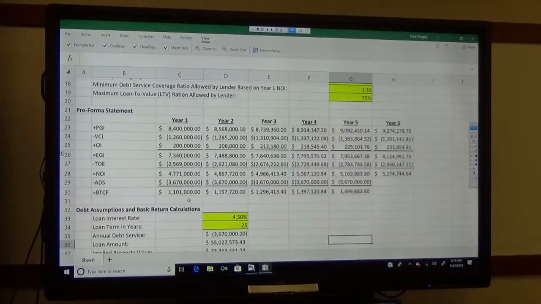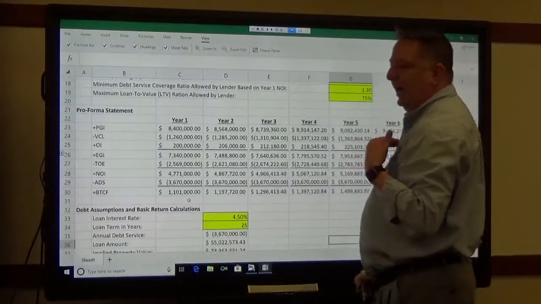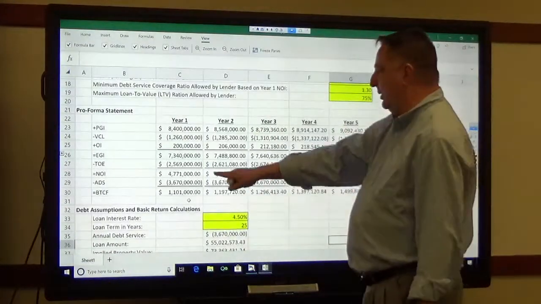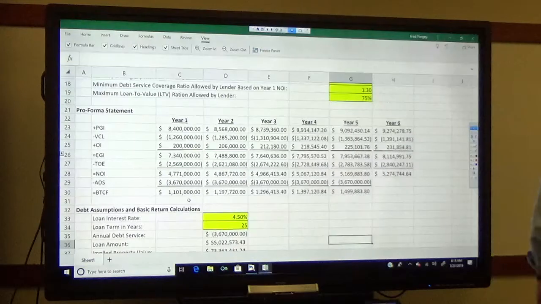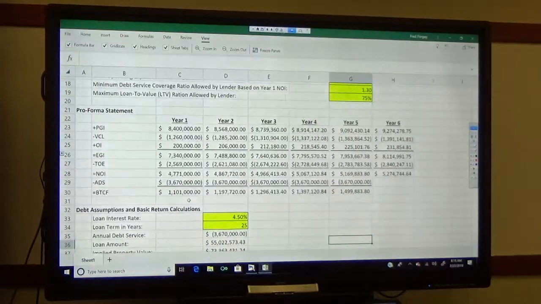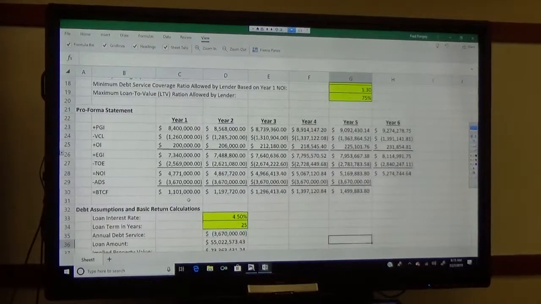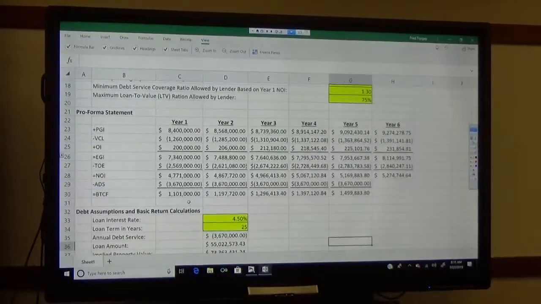Okay, so in this case, we're saying that our net operating income for that first year, and that's really based on projected stabilized NOI, is $4,771,000 even. So all you're going to do is solve for the annual debt service.